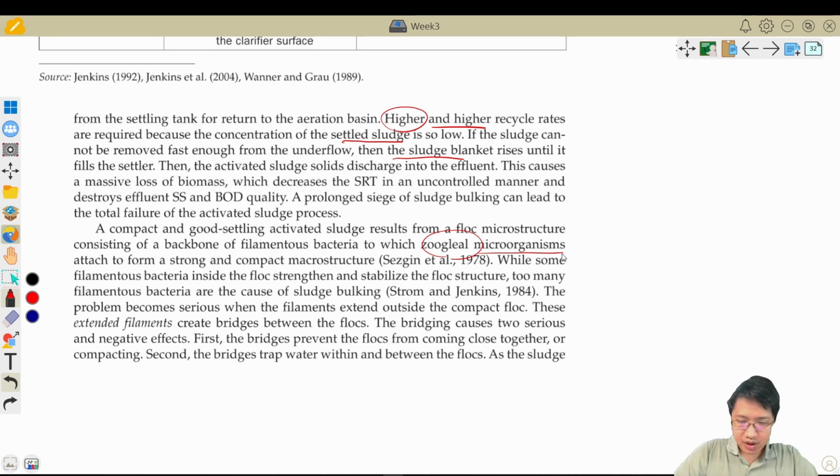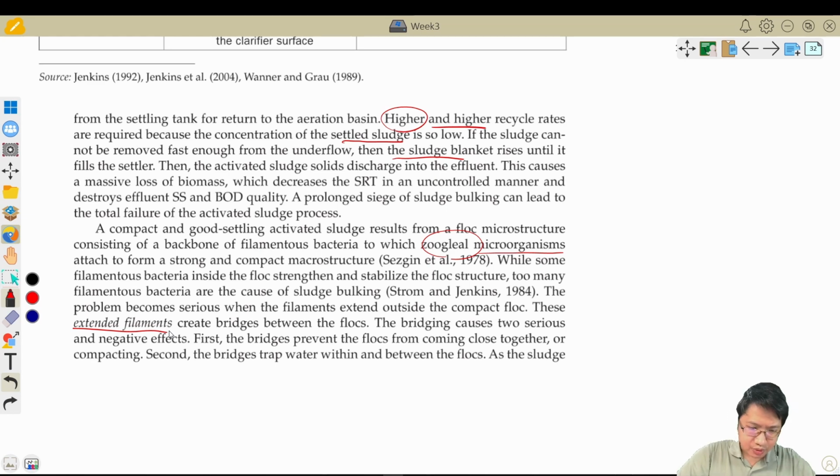But if you are facing bacteria with extended filaments that create bridges between flocs, they extend the space between the flocs and cells, causing a very negative effect.